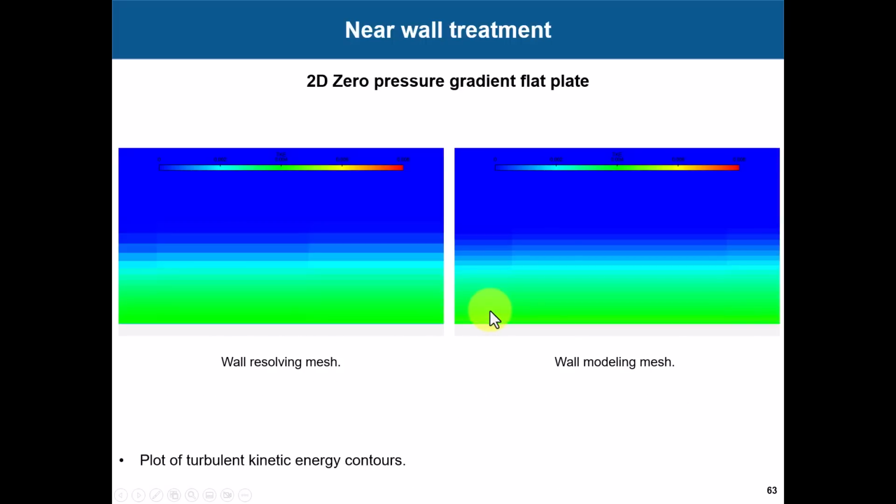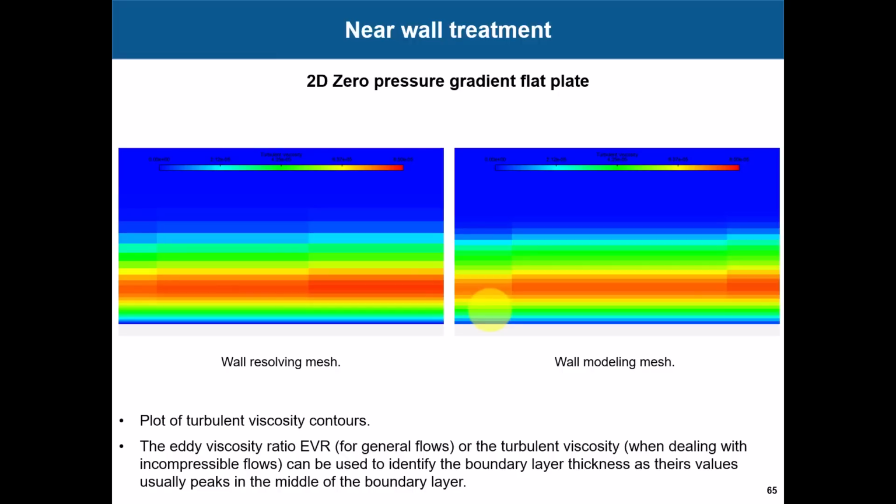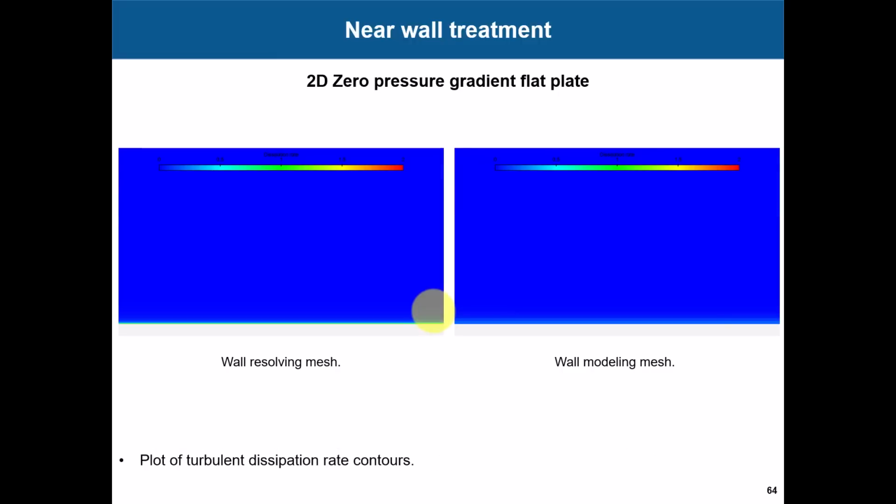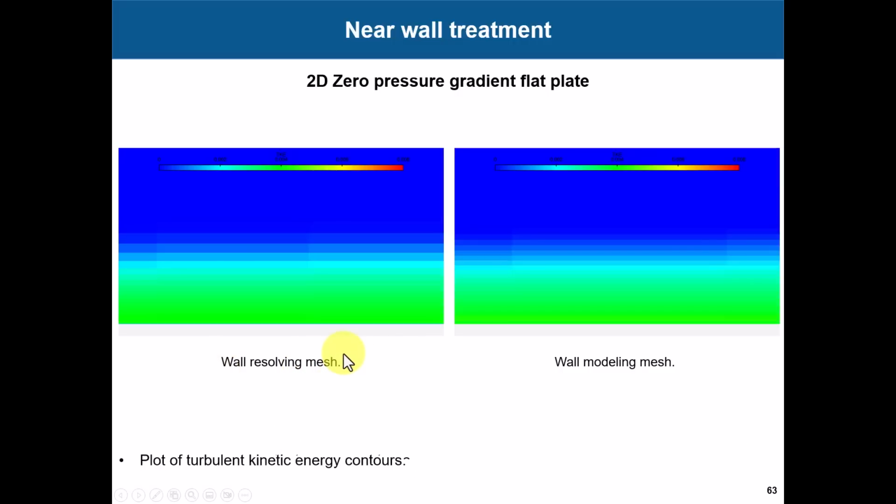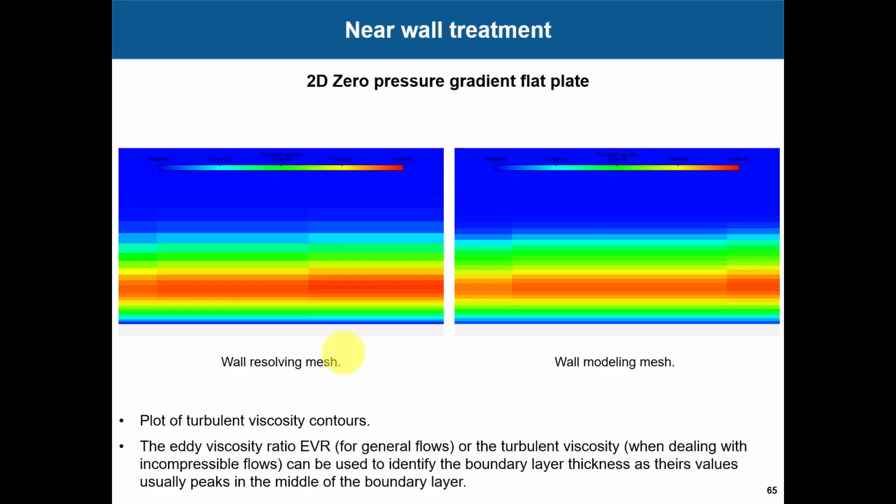And we can check also different quantities, here turbulent dissipation rate and kinetic energy contours. This is the one that I want to come back to, the turbulent viscosity. It's a very well-known behavior, as I mentioned, that the eddy viscosity ratio for general flows, or the turbulent viscosity, can be used to identify the boundary layer thickness, as their values usually peak in the middle of the boundary layer.